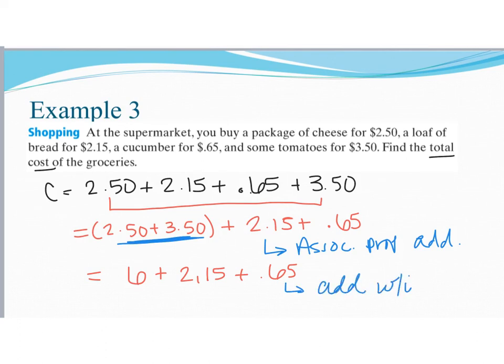And then from here I'm going to simplify and add 6 to 215, which is going to give me 815 plus my 65 cents. So I can see that I'm going to spend $8.80. And what I did at this point was simplify. So my deductive reasoning would be to simplify at this step.